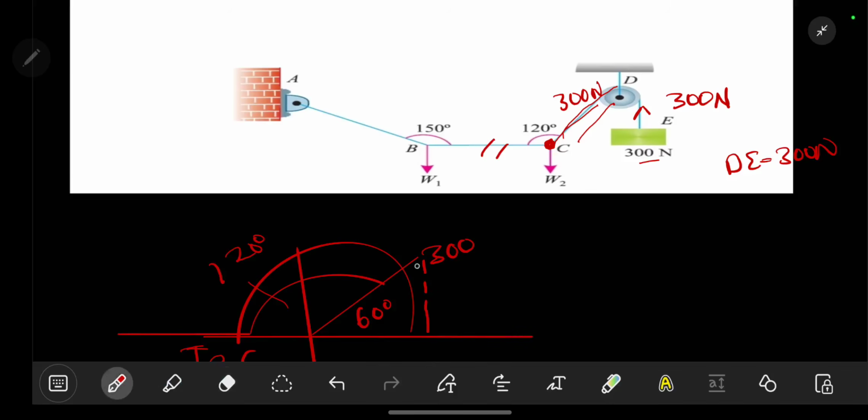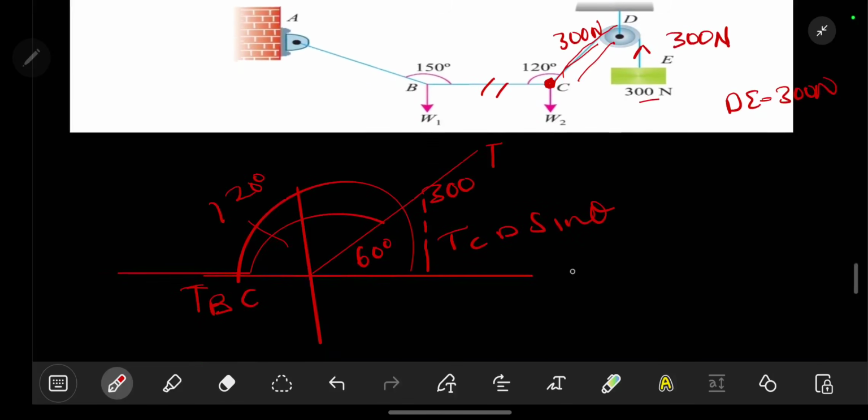The opposite side will be the tension of CD sine of theta, since the side opposite the angle attracts the sine. Then the base shall be TCD cos of theta.